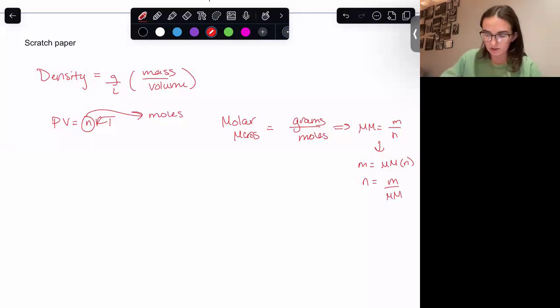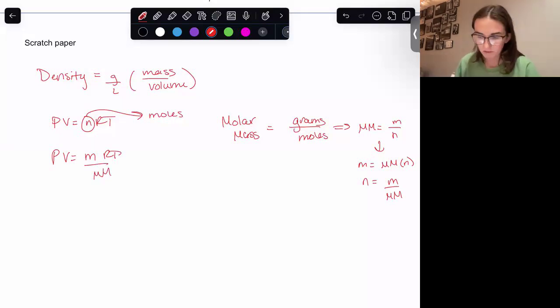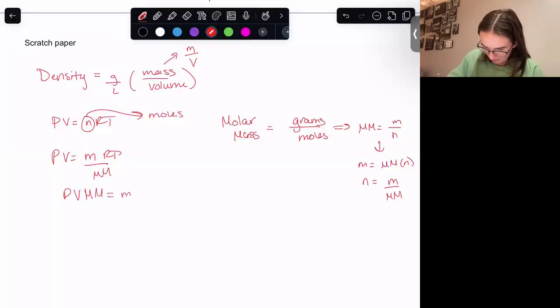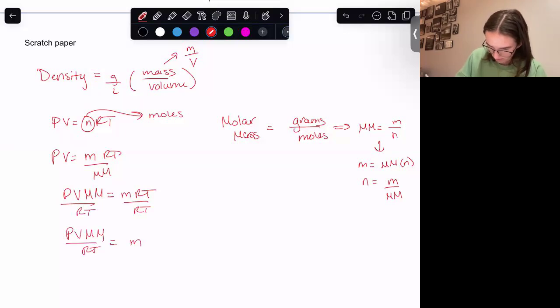So we can plug that into PV is equal to nRT, giving mass times RT over molar mass. Then you can solve for density, which is mass over volume, here little m over V. So you would get PV times molar mass equals mRT. You want to divide by RT, and then you want to divide by volume.